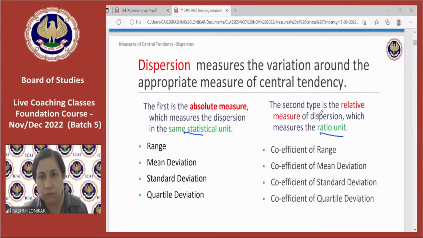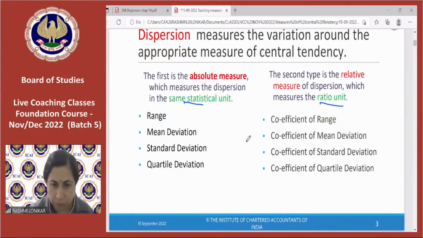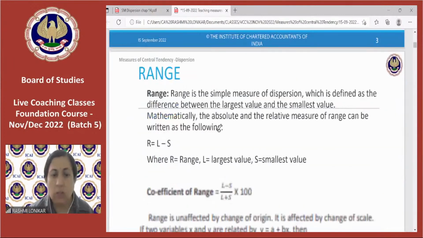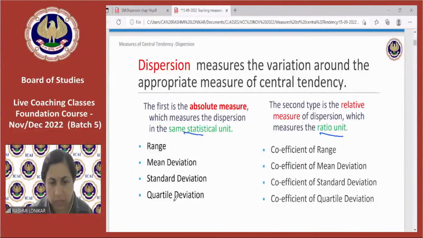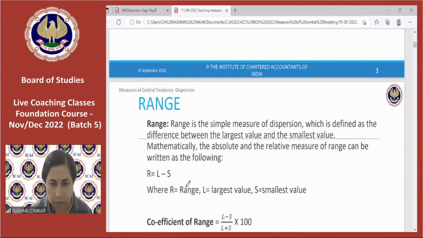We will be using both of them, and I'll be showing you examples of both for you to understand. So we have range, mean deviation, standard deviation, and quartile deviation. Of these, first we are going to talk about range.